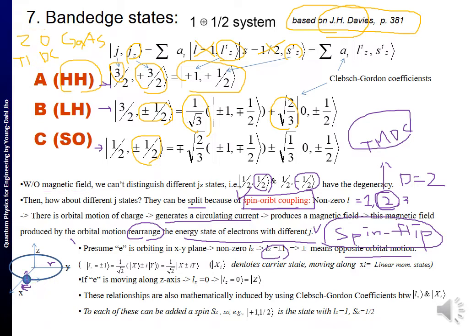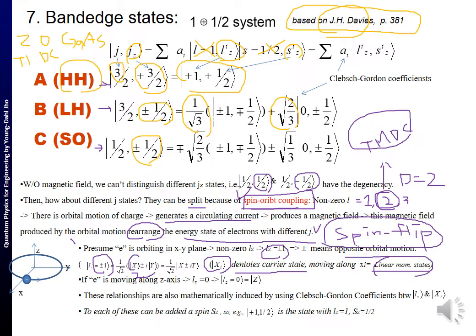LZ equal to plus minus 1 means the motion in the XY plane, and the orbital motion in the XY plane can be represented by the linear momentum representation. Here X or Y denote a carrier state moving along a certain axis, X or Y axis. So it is a linear momentum state.